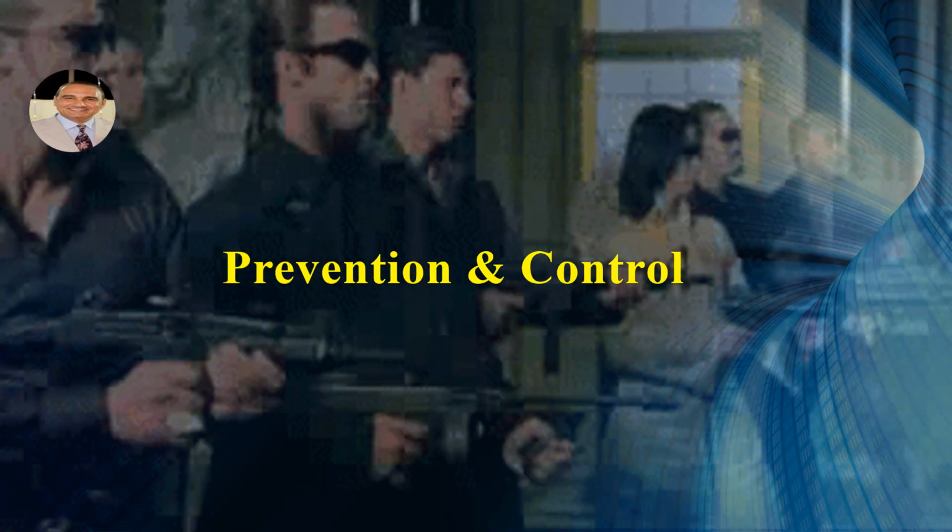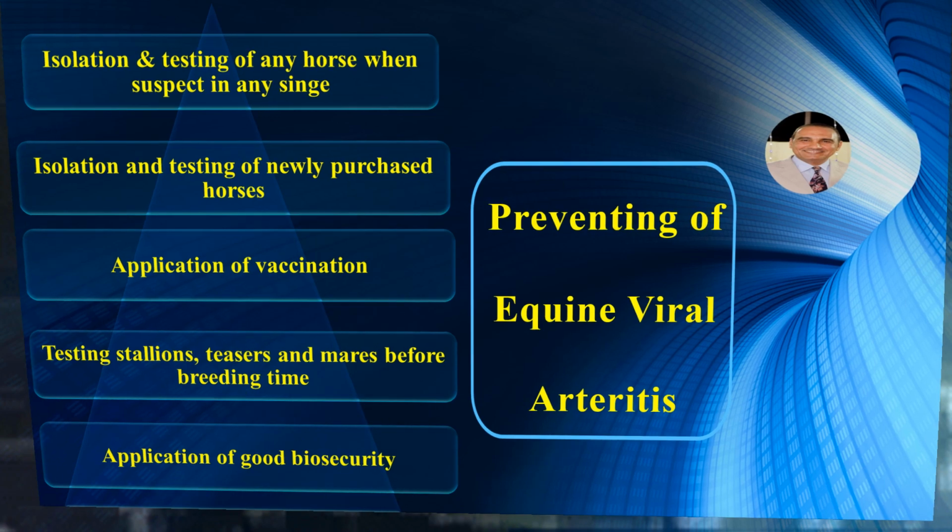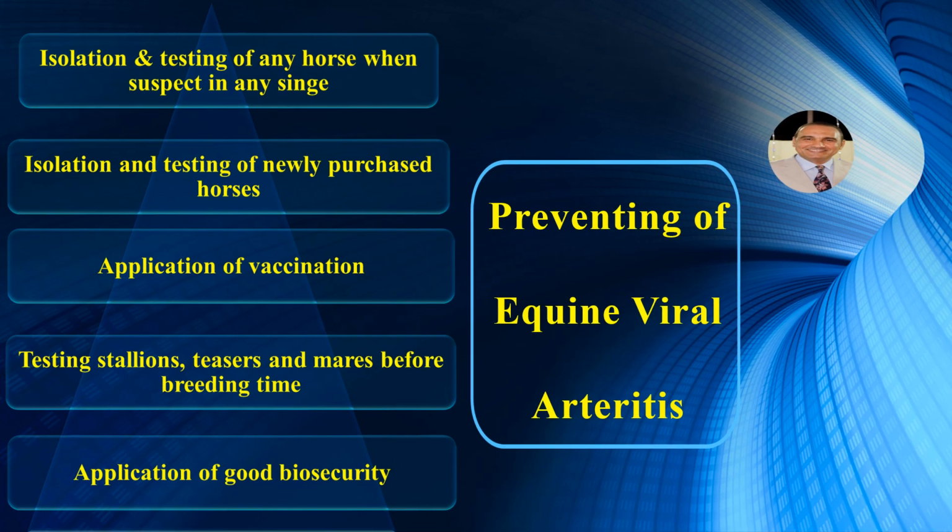Prevention and control of equine viral arteritis. Prevention of equine viral arteritis is through application of good biosecurity, testing stallions, teasers, and mares before breeding time, application of a vaccination program, isolation and testing of newly purchased horses, and isolation and testing of any horse suspected of any clinical sign.